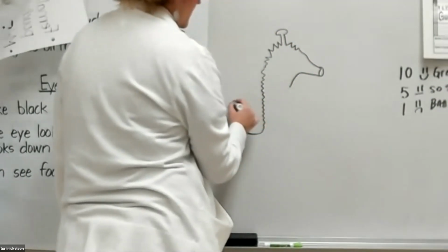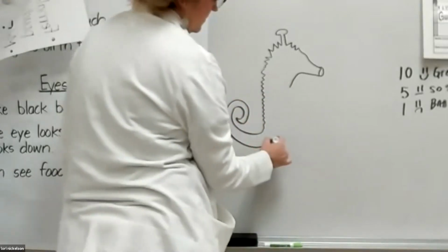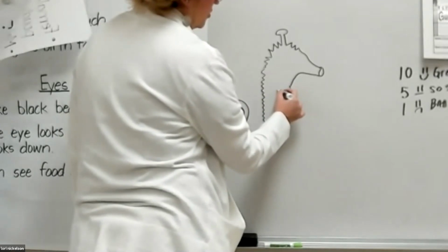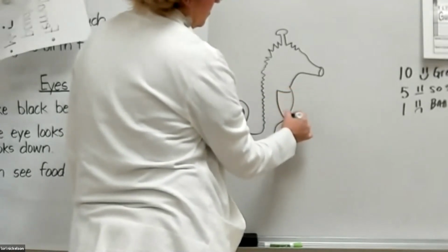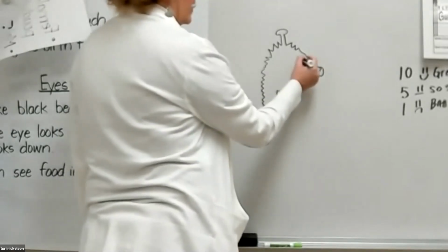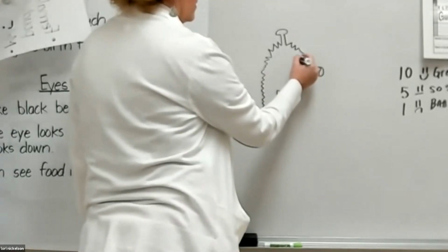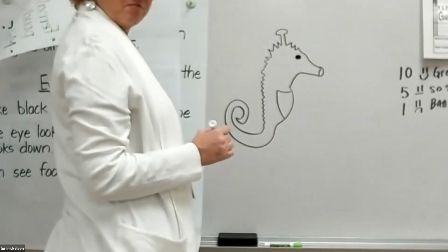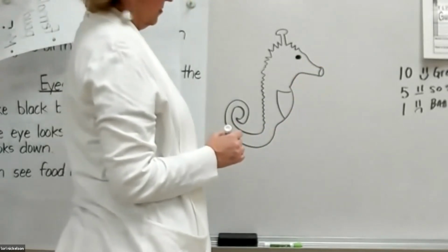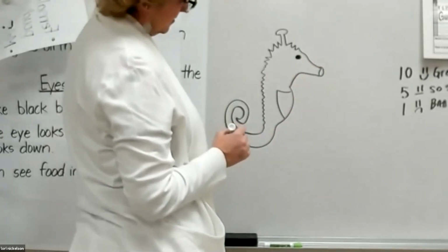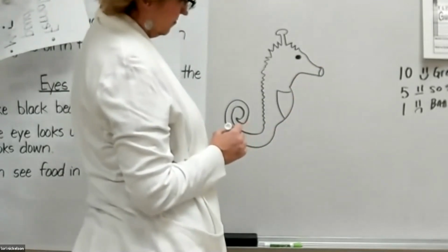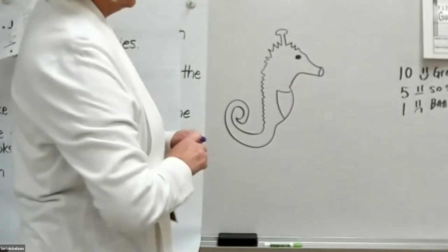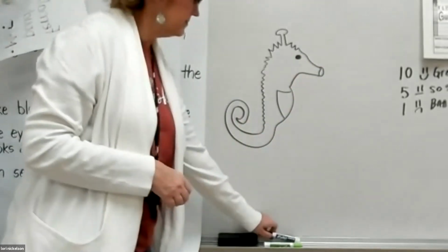So I'm drawing my tail. And then it has a pouch like a kangaroo, right? And it has a beaded eye. How did you guys do? I think mine kind of looks like a seahorse. Kinda. I bet yours is better than mine though. Okay.